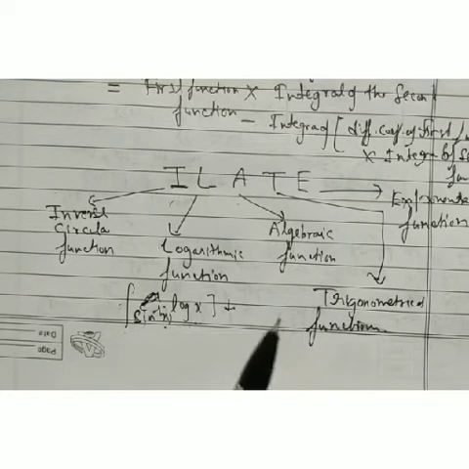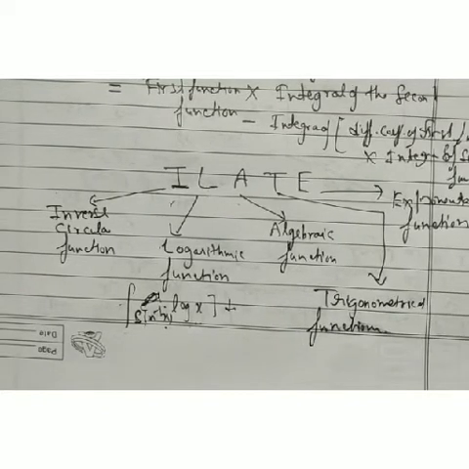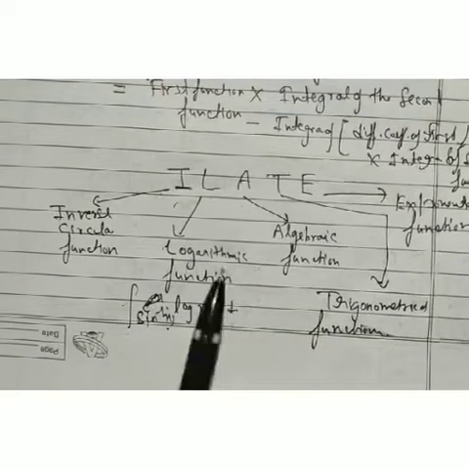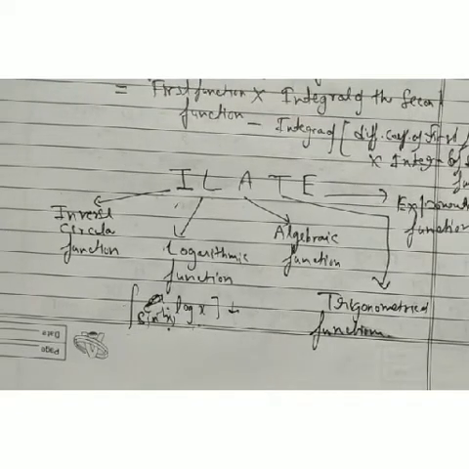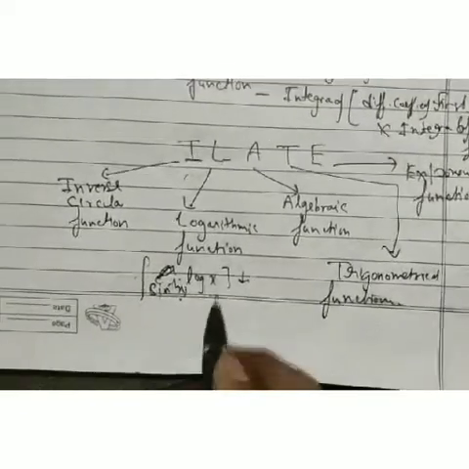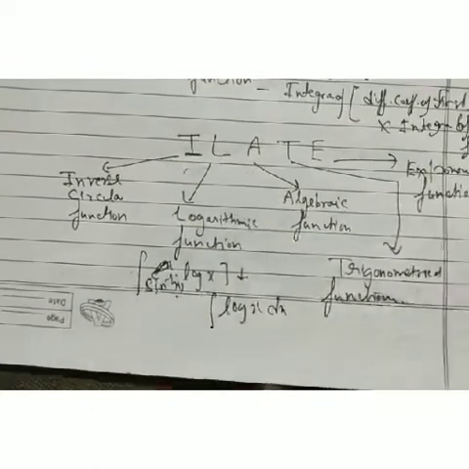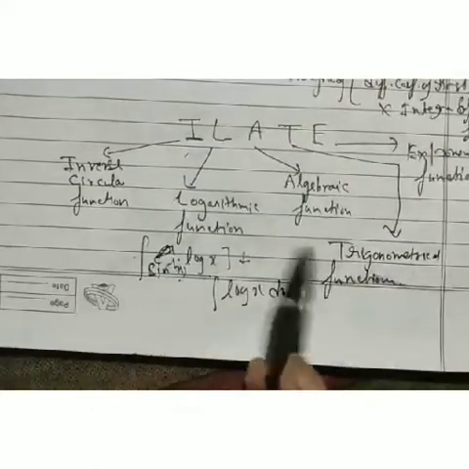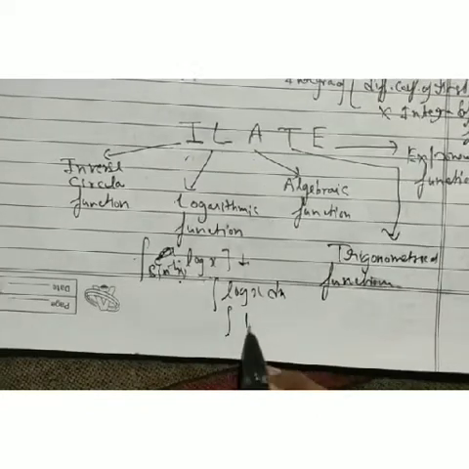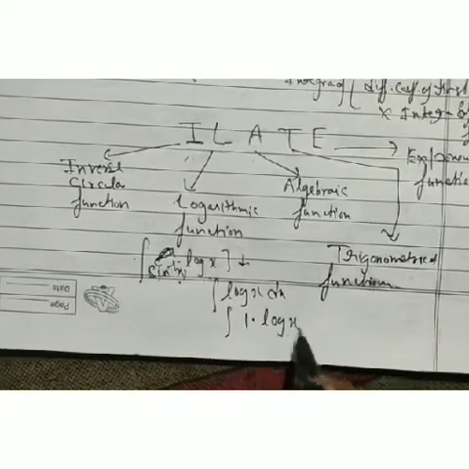If we have only one function, then we have to find it using integration by parts. Now suppose we have to find the integration of log x dx. In such types of problems we take the second function as 1, unity.